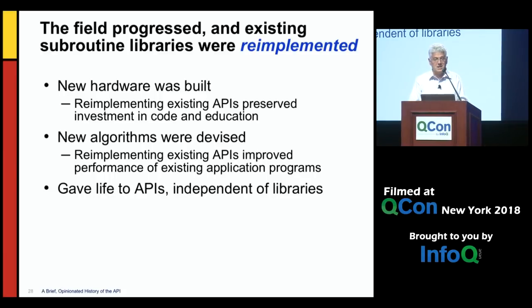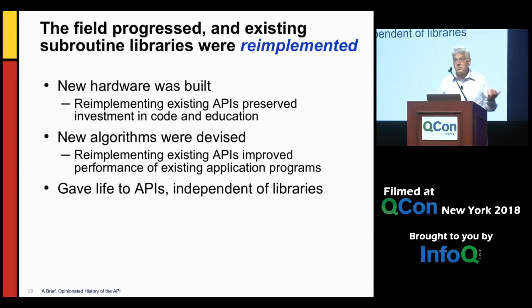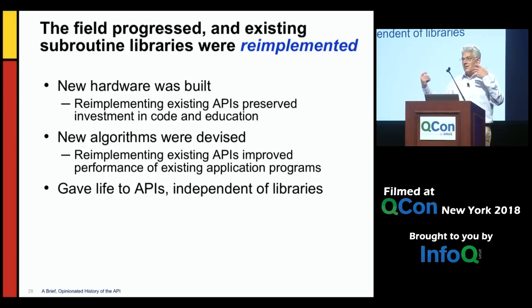And new algorithms were devised, so you could take the old APIs and do things like matrix multiplication faster using new algorithms, and so on. And these things gave life to APIs independent of the underlying subroutine libraries. As soon as you start re-implementing an API, then the API is a separate thing from the library. It isn't just your view into the library.